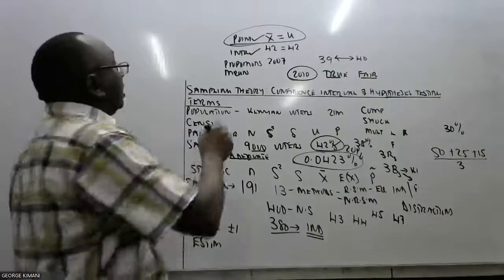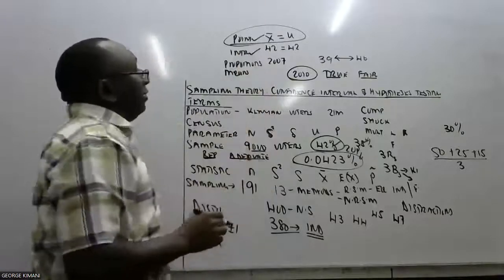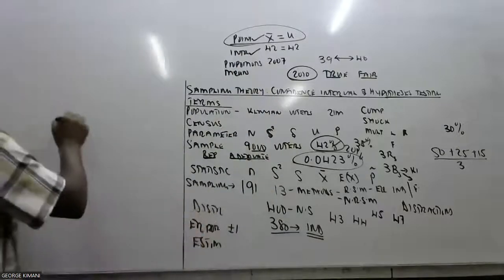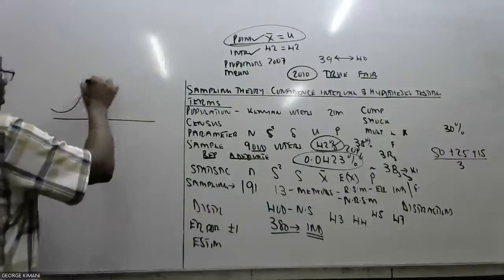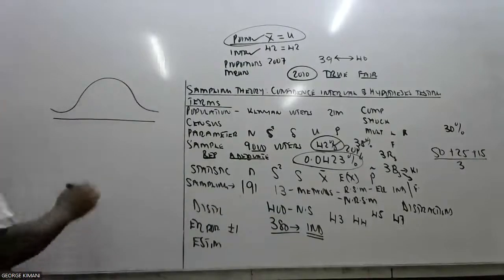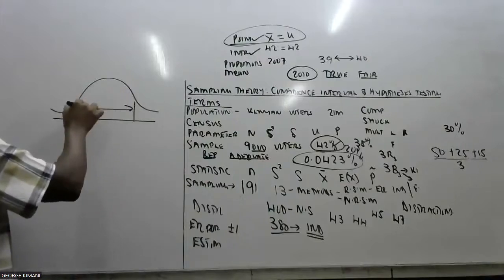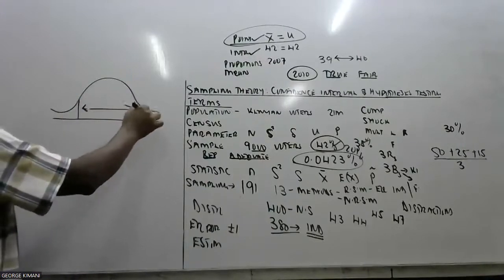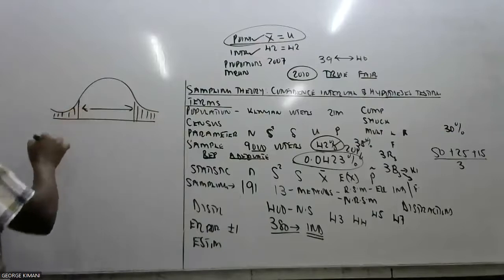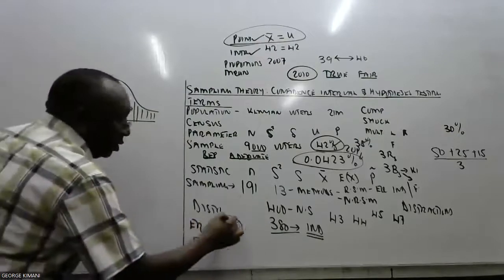Okay, so this is the one that we are going to use, the interval estimation. Now, if you look at the diagram that is already drawn there in your books, this is what we call the confidence interval. Then there is this area called the error margin. That's why I told you they say plus or minus.